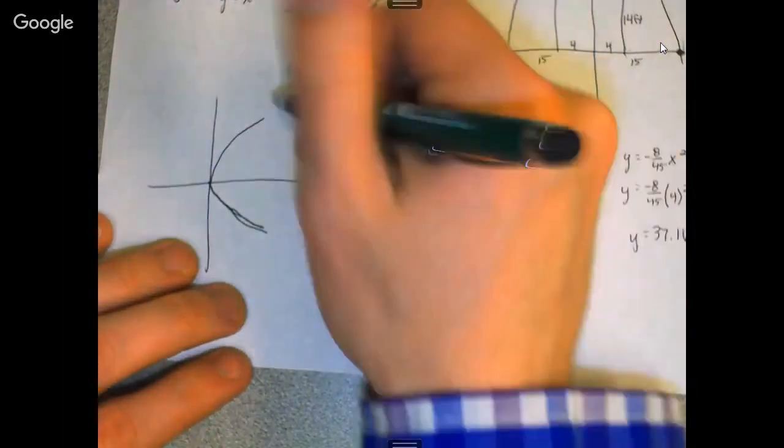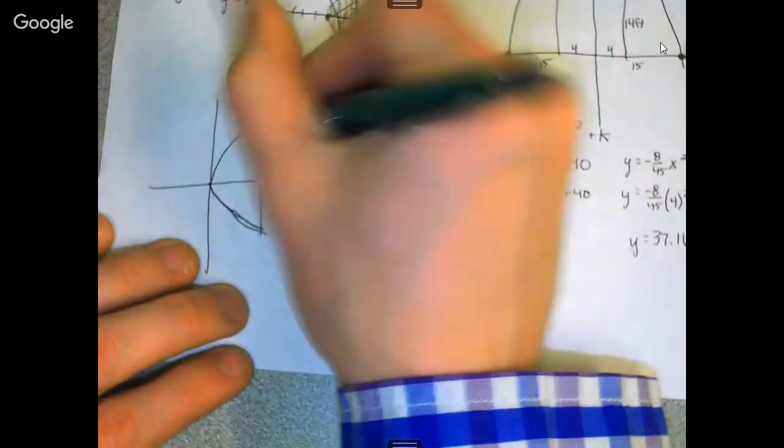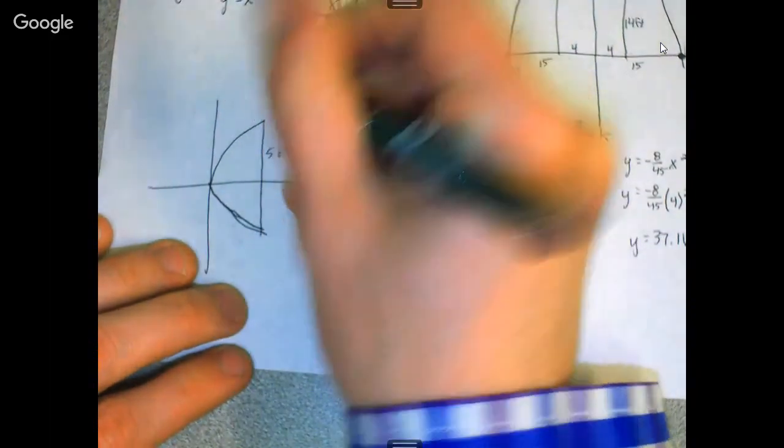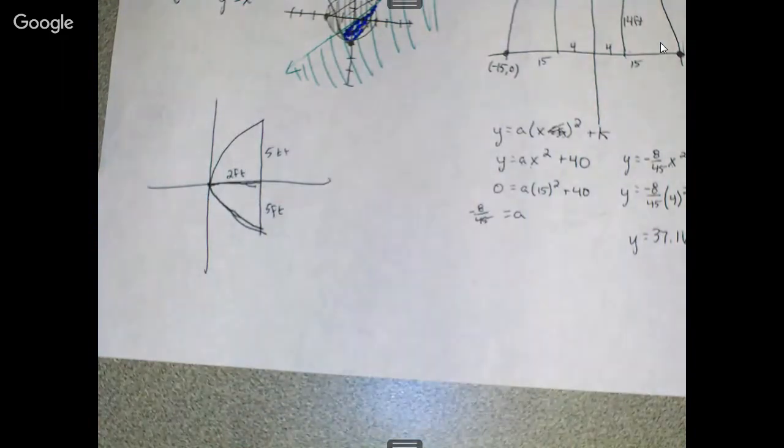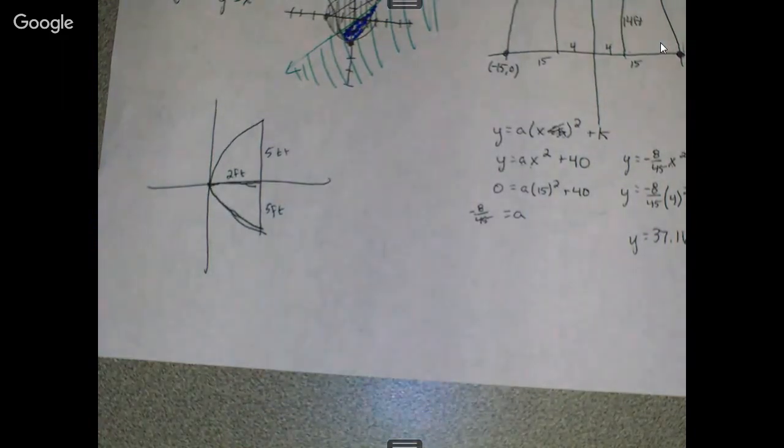We're 10 feet across, so it's 5 feet, 5 feet. And this right here is 2 feet. Okay, and I want to know, where is my receiver going to be placed?